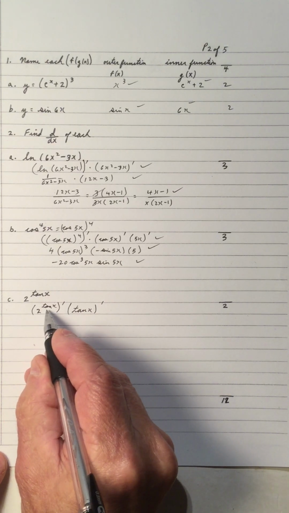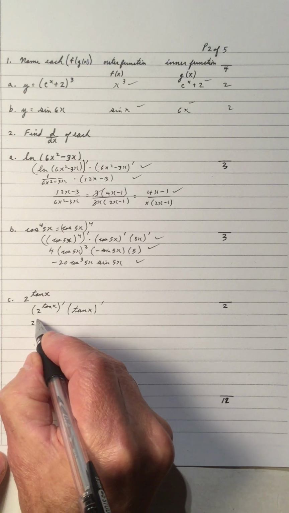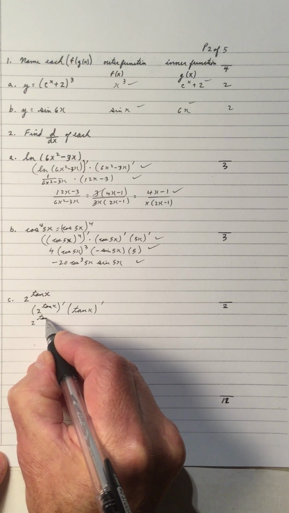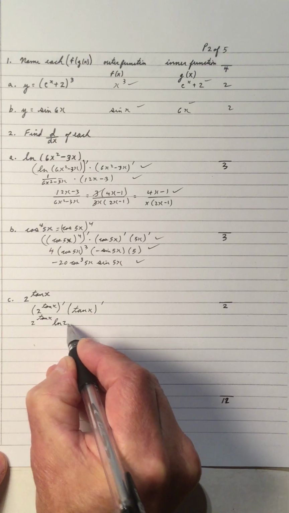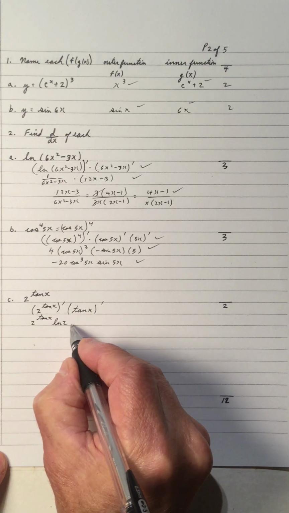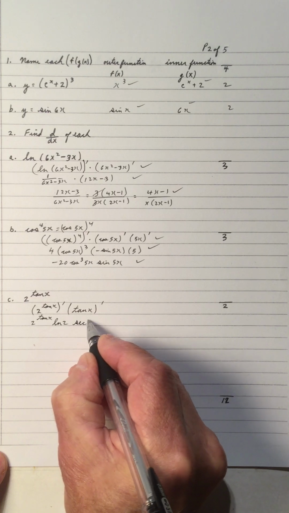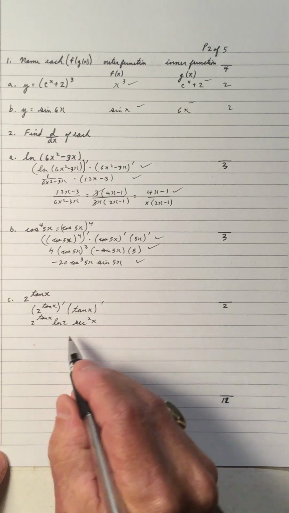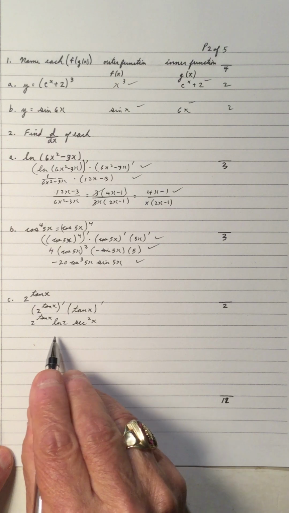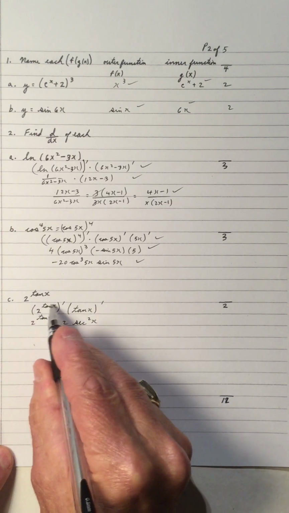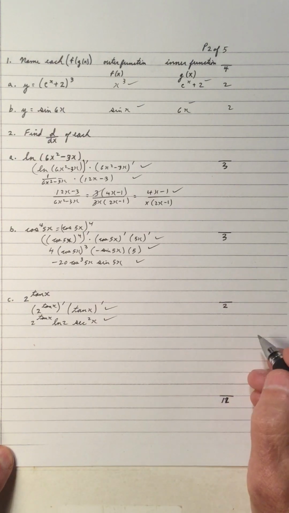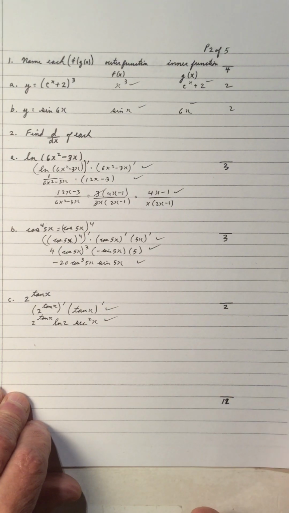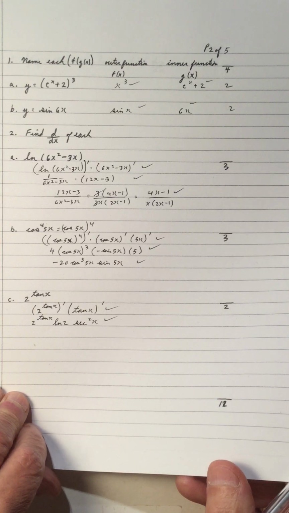The derivative of 2 to the tan x is 2 to the tan x and ln of the base, the ln of 2. And the derivative of tan is secant squared x. If you have this step right here marked, and this one done correctly and marked, that's 2. So that's 12 for that page, 12 in total.